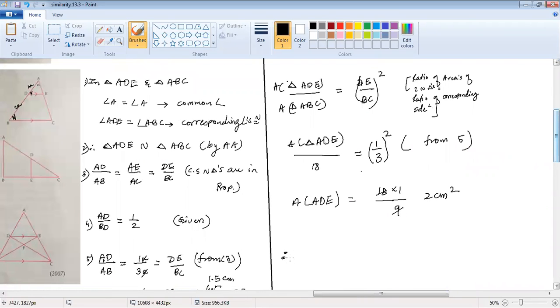Therefore, area of trapezium is equal to area of triangle ABC minus area of triangle ADE.